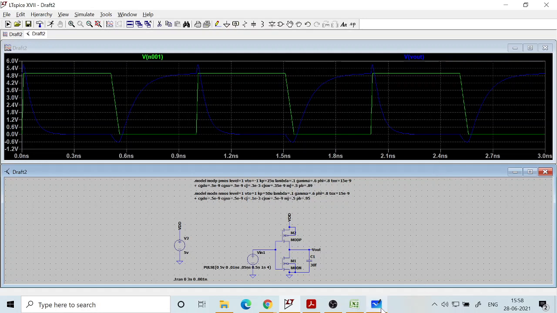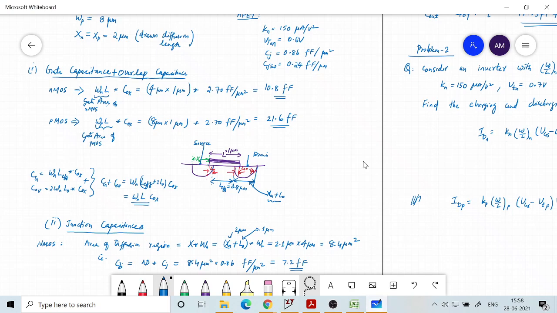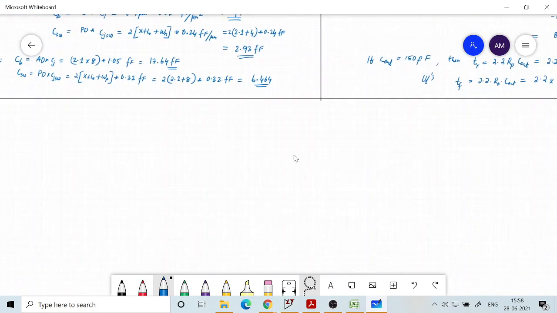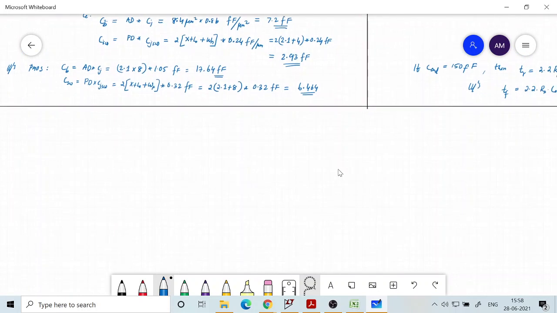So that curve will come like this. It will be a straight line. What I am asking you to do is take CL on the x-axis and time on the y-axis.